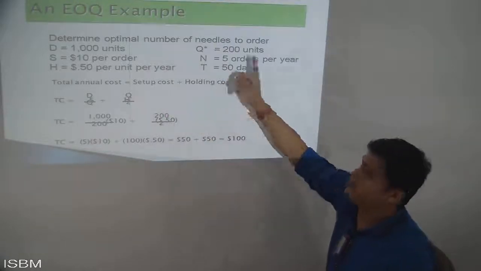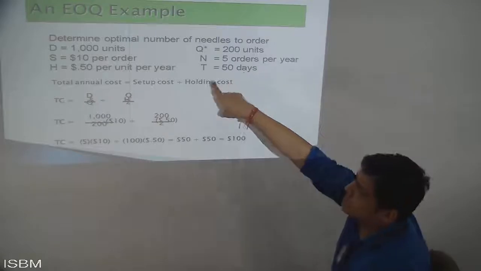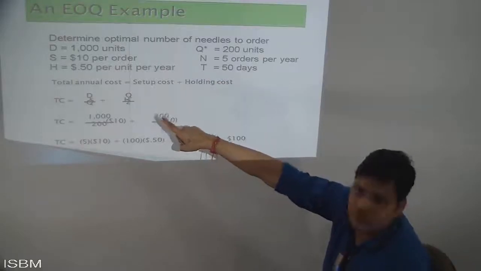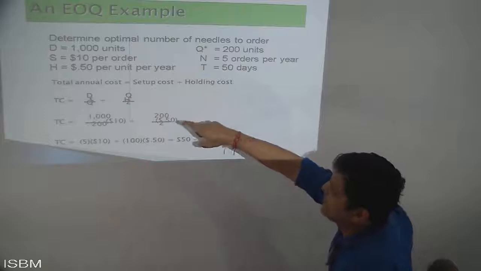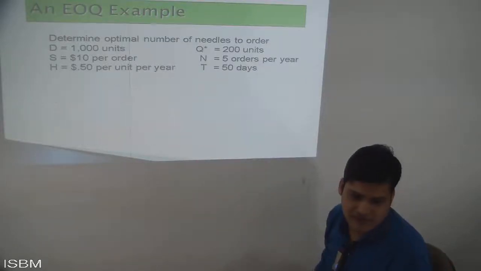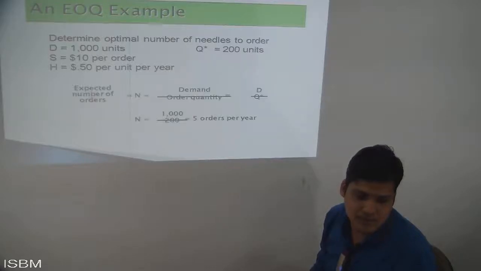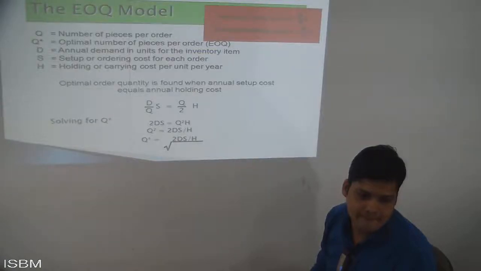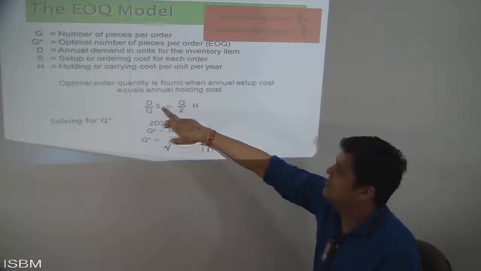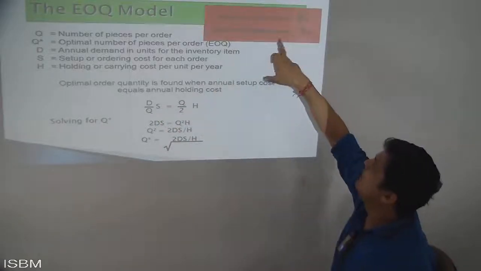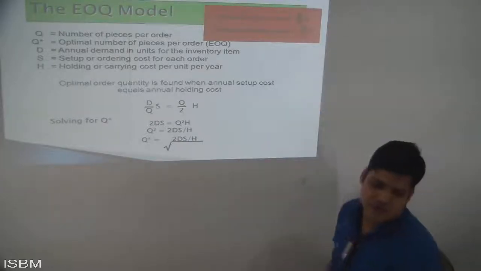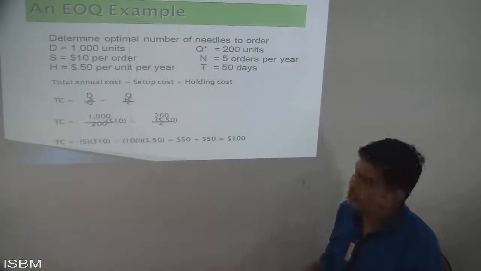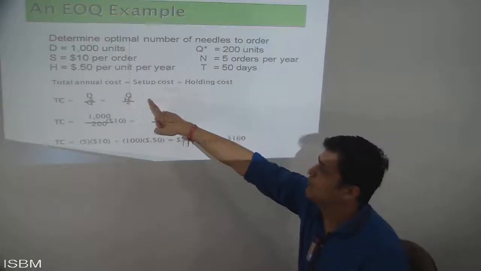Ordering cost, or setup cost, is D by Q into S. You can see that setup cost is D by Q into S, and holding cost is Q by 2 into H. So the same formula they have applied over there in the total cost: setup cost D by Q into S and holding cost Q by 2 into H.